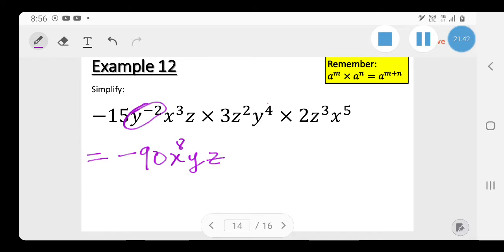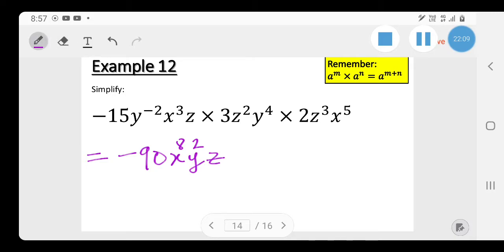Here's one y, here's another, and there's no y over here. Minus 2 plus 4. Well, if we think about our number line, when we have a dot at minus 2 and we take 4 steps to the right because it's plus 4, we end up with positive 2. So the power on y becomes positive 2.